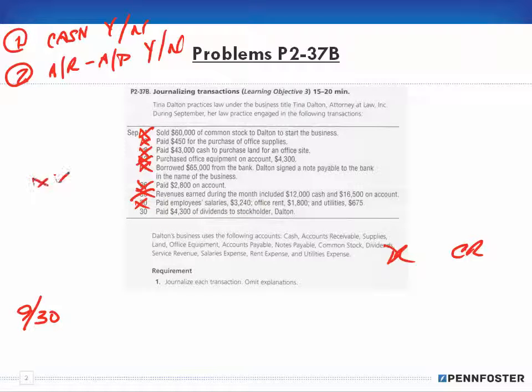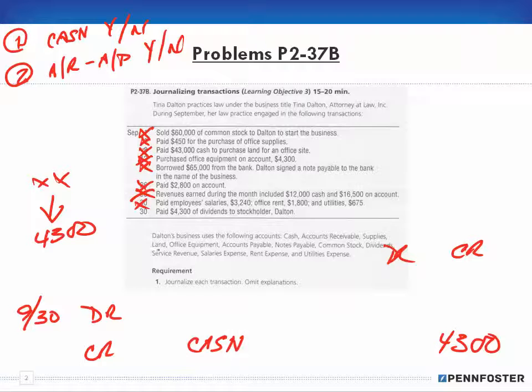So yes, I'm paying $4,300 in cash out, so I'm decreasing my cash by $4,300. As we know, when I decrease my cash, I'm going to credit my cash for $4,300, and then all I need to do is just find whatever account, since debits must equal credits. In this case here, it's dividends.